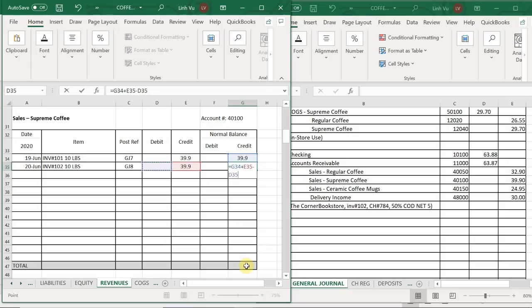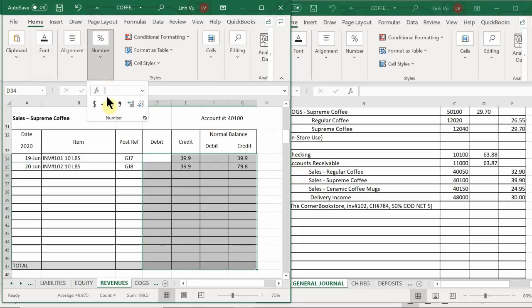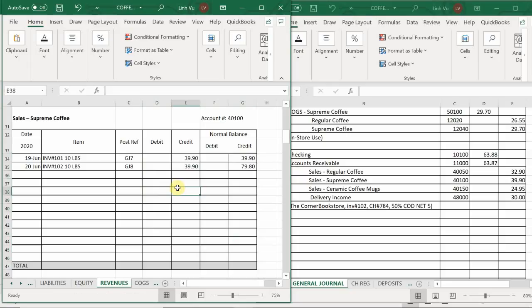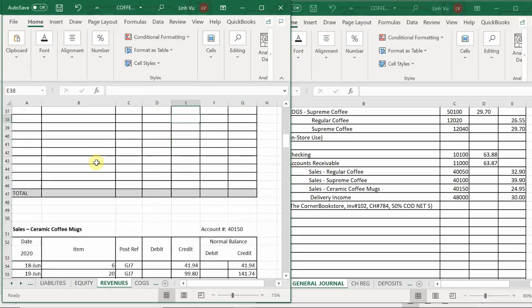It's not the 39.90. 79.80. Good. Okay, then go to your, he needs to get his $30.